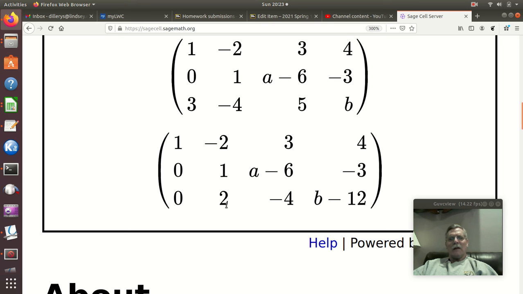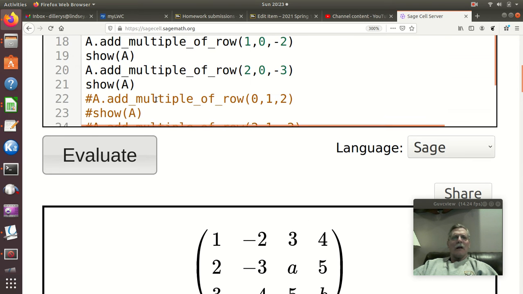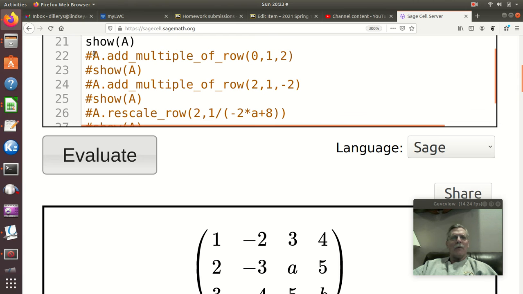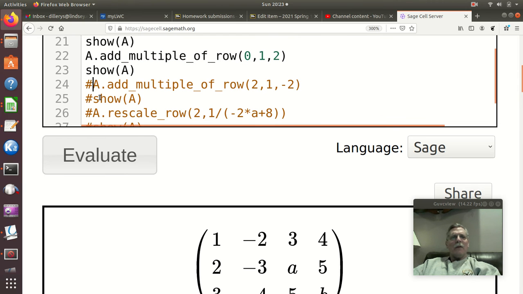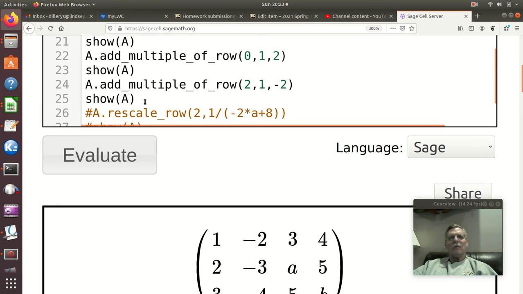And if I take -2 times the middle row and add it to row 2, I'll get rid of the +2 there. And so again, I can set up both of those at the same time. And when I did this, I did them one at a time, I think, and so I showed the result each time. But again, I don't have to.